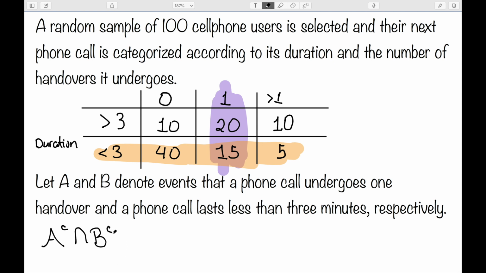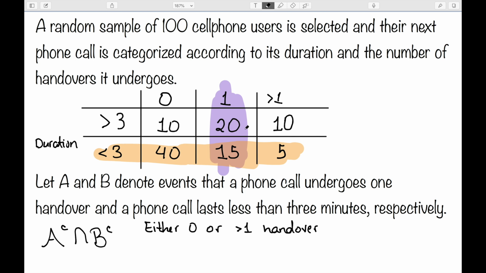Next, I want to think about A complement intersect B complement. According to De Morgan's law, this should be exactly the same as what we just were talking about, A union B complement. But let's see if this makes sense. A indicated that it went one handover, so A complement, it would need to go either 0 or more than one handover.